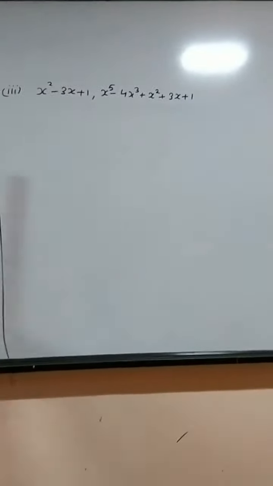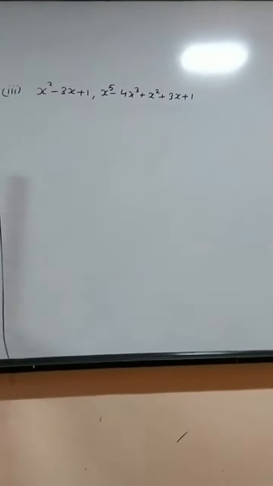You want minus 35, so multiply this by minus 35. Minus 35 into 1. Minus 35, minus plus minus plus. So the other factor is x square minus 2x minus 35.